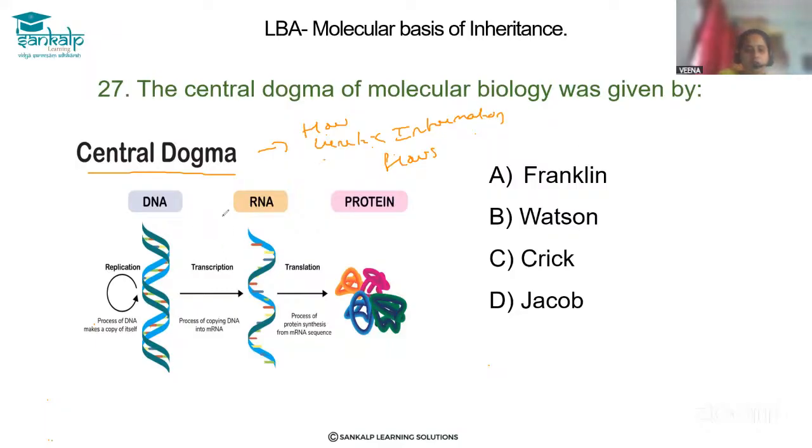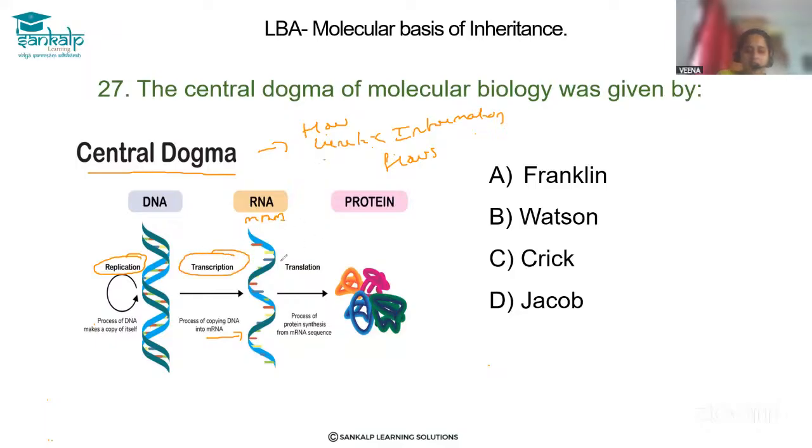If you observe the image here, the DNA is undergoing the replication process, the process of making a copy of itself, that is called DNA replication. After that, the process of copying DNA into mRNA is called transcription.